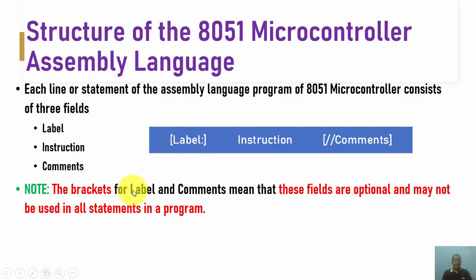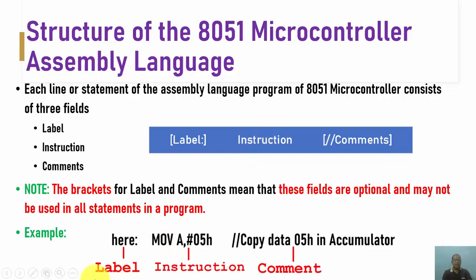The brackets defined for the label and for the comment say that these fields are optional and may not be used in all the statements in a program, whereas the instruction is mandatory and we have to use it in each statement while writing code for the 8051 microcontroller.